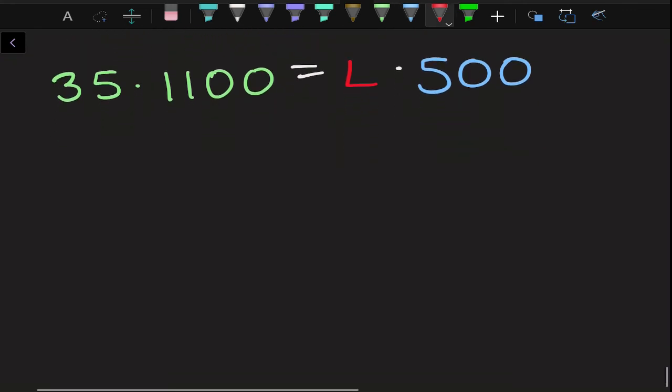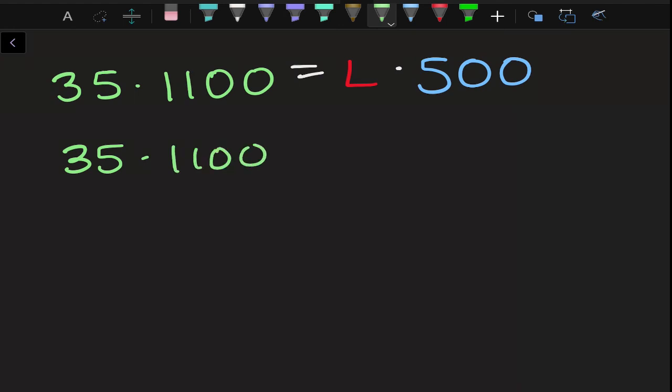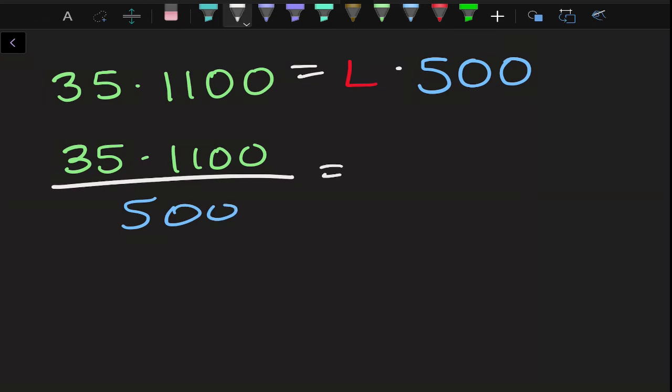And again, I want to get L alone, so I'm going to divide by 500. 35 times 1,100 over 500 equals L, and that means that the amount of liters we're going to use is 77 liters.